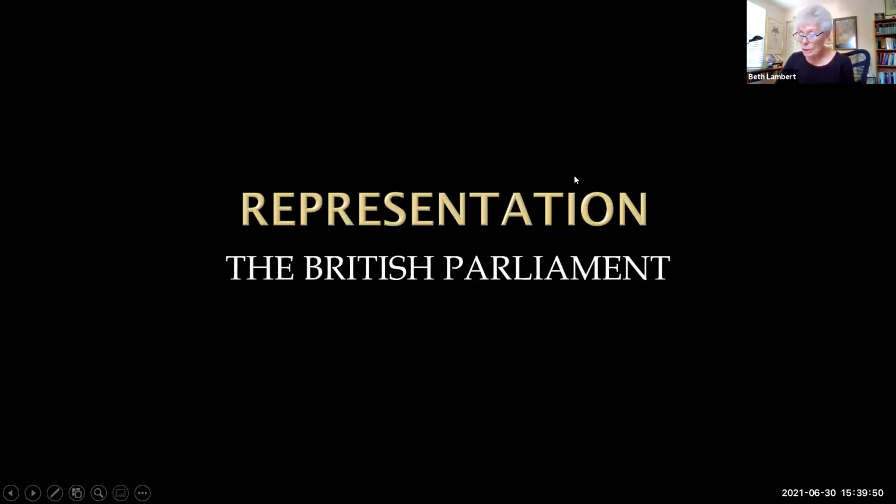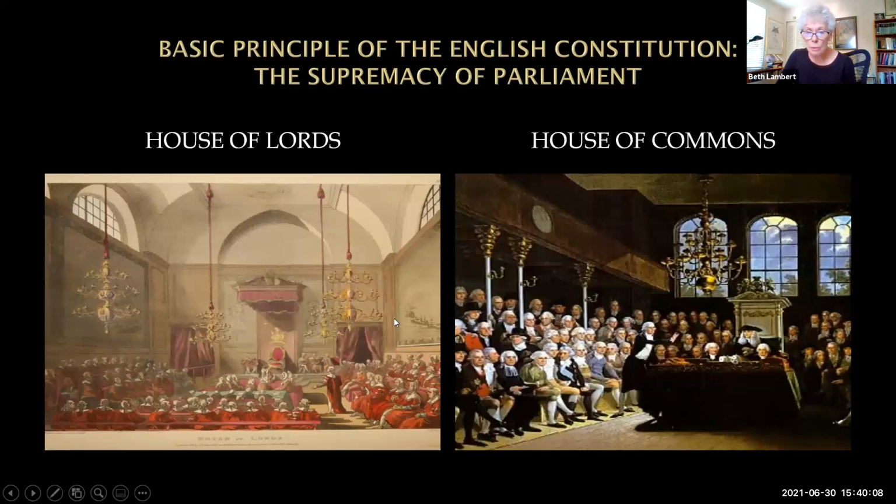Okay, on the subject of representation, no taxation without representation. This was one of the keys to the complaints of the colonists. In England, representation consisted of the British Parliament, two houses, the House of Lords and the House of Commons.